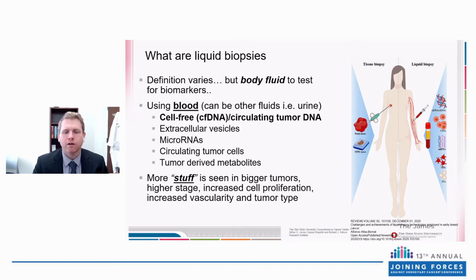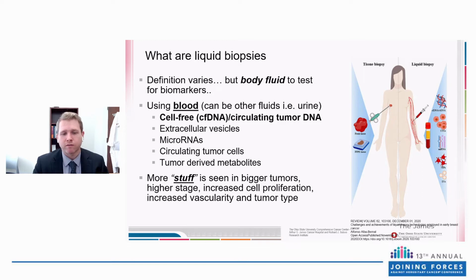The most common use when we talk about liquid biopsies is looking at cell-free DNA or circulating tumor DNA. So when you are reading something about liquid biopsies, the most likely scenario right now is going to be blood looking at cell-free DNA or circulating tumor DNA. But there's several other things that we can also be looking at in the blood that would qualify as a liquid biopsy.